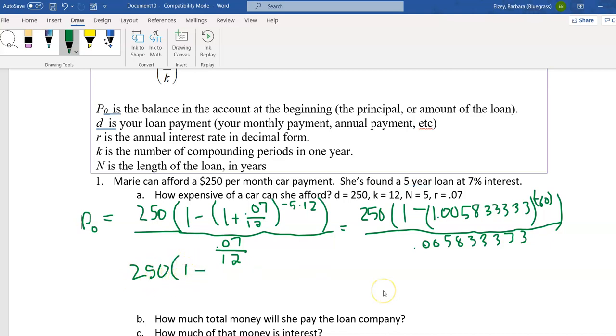So I'm going to put 1.0058333333 raised to the, in parentheses, negative 60 power, and I end up getting 0.705405038.